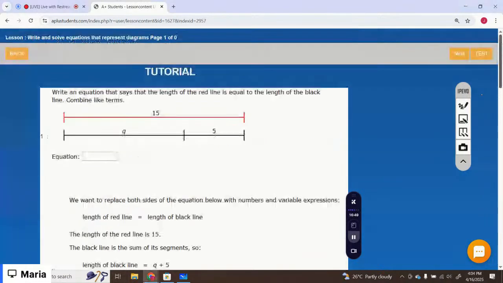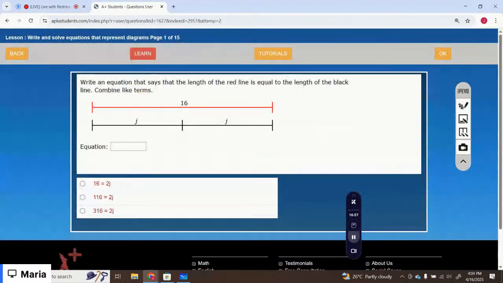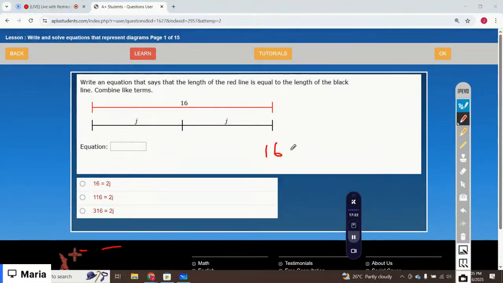Let's start with the test questions. Write an equation that says that the length of the red line is equal to the length of the black line. So the length of the red line is 16 and the length of the black line is j plus j.